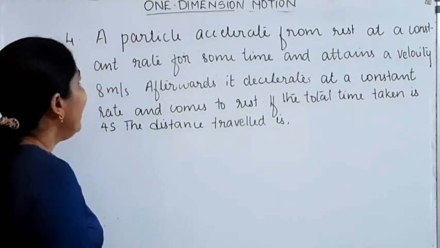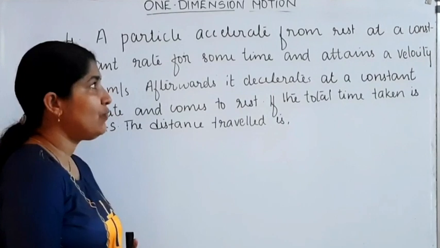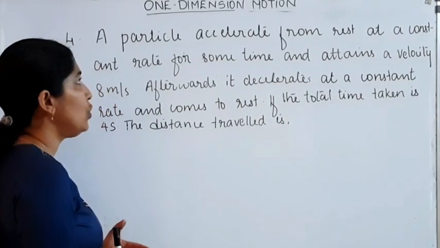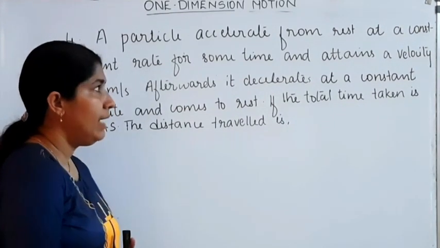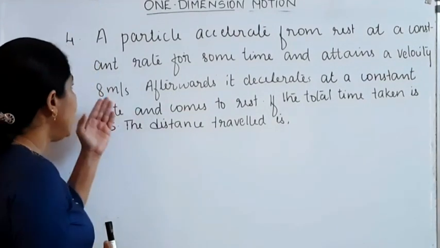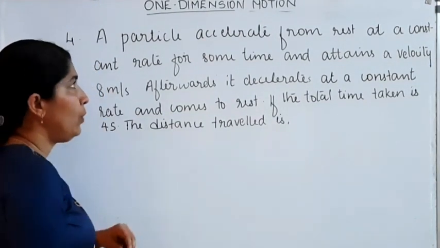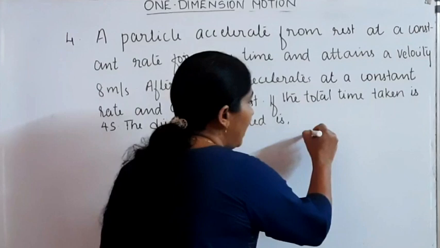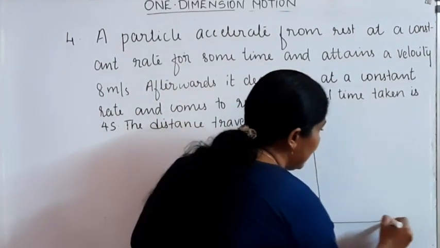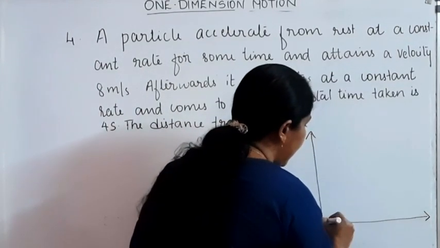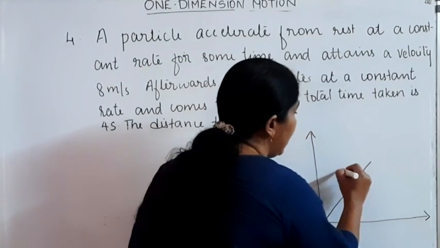Next question. A particle accelerates from rest at a constant rate for some time and attains a velocity of 8 meter per second.